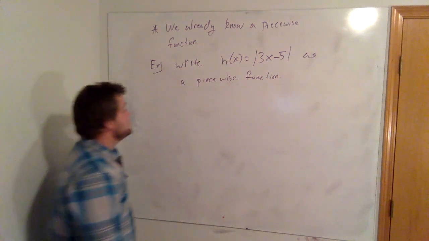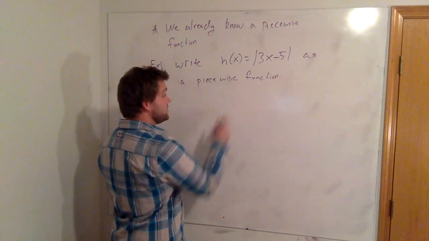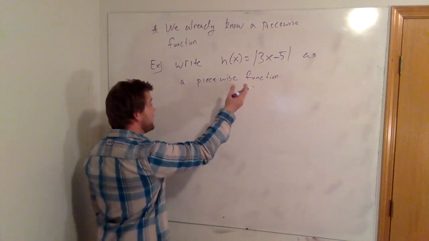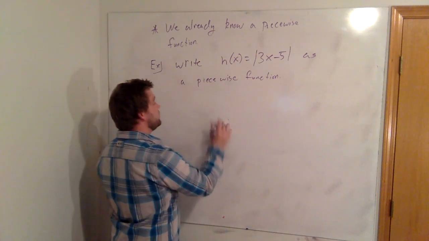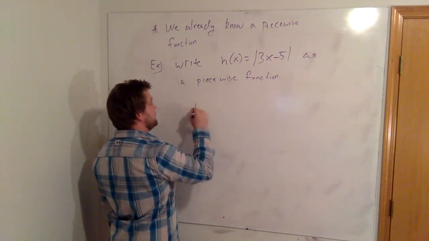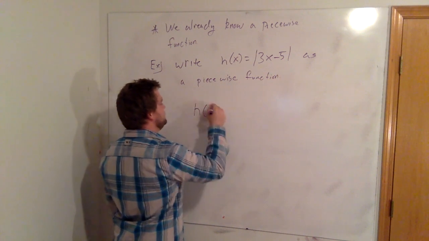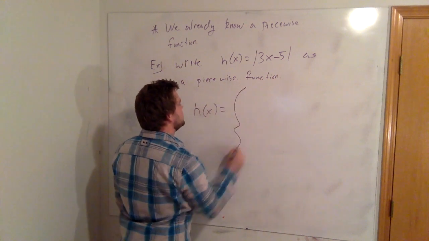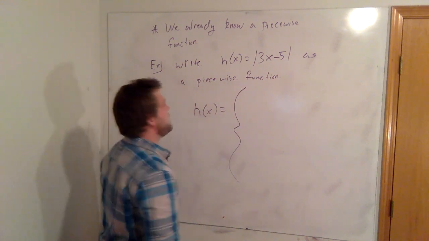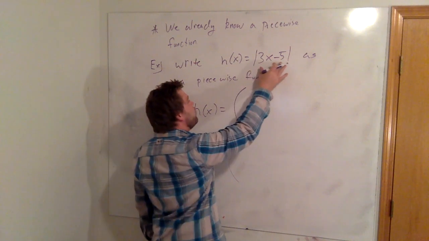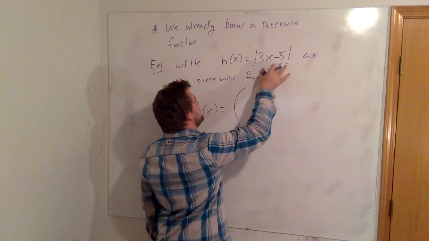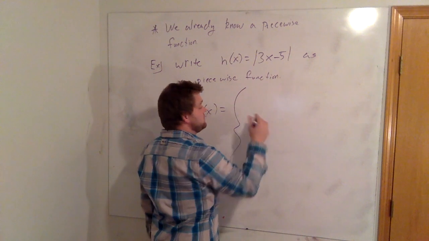Okay, let's do it. So if I want to write this absolute value as a piecewise function, what I write is h of x, and I have to think about what happens. When the inside of the absolute value bar is positive, I don't have to do anything to it.